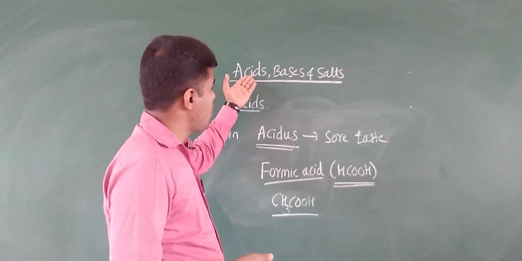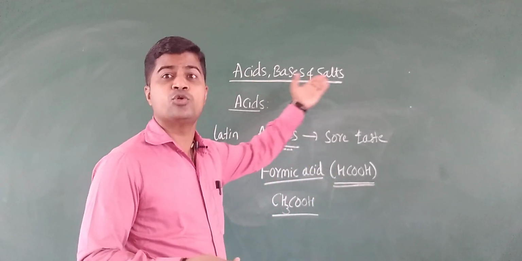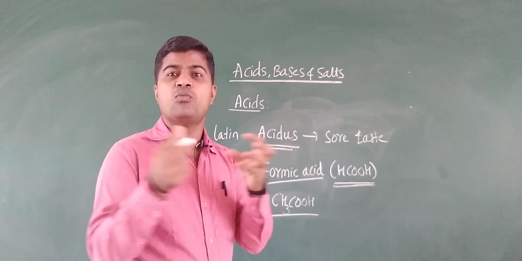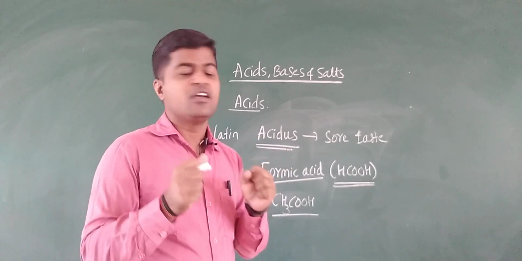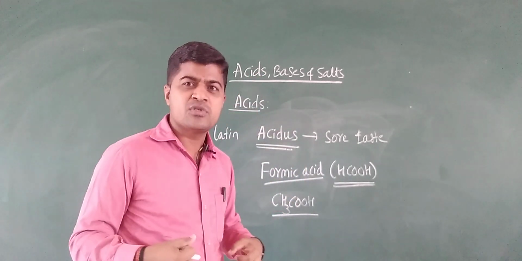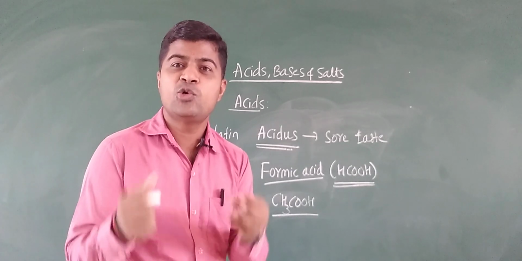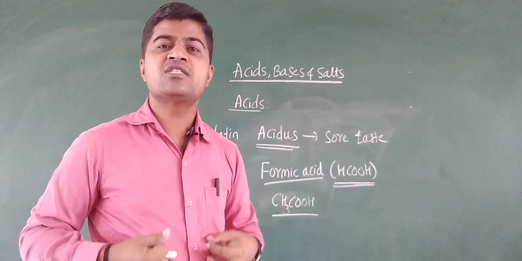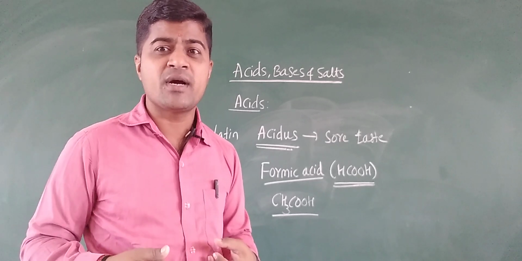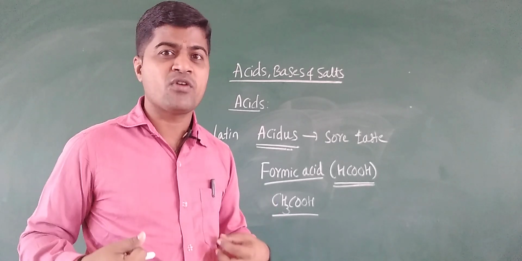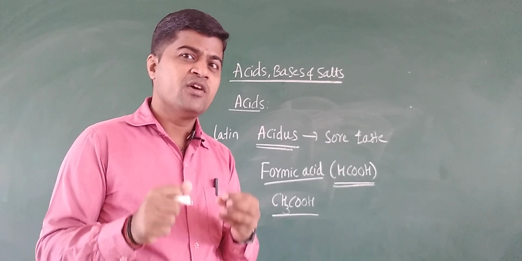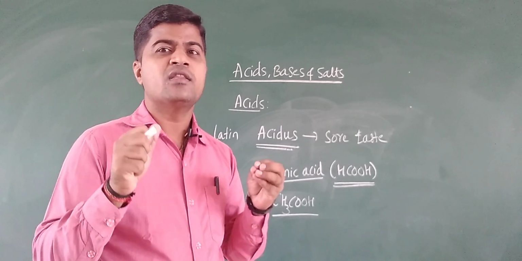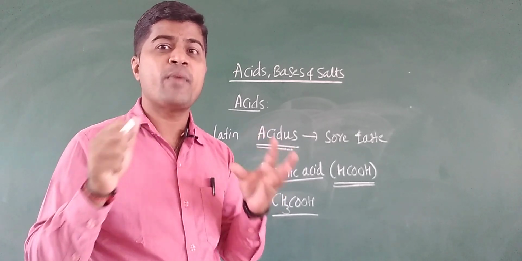If you know acids, you should know bases and salts also, because all are correlated. If acidity comes, you should take a base to neutralize the excess acid produced in the stomach, and acid taken from outside. That is why we use milk of magnesia.